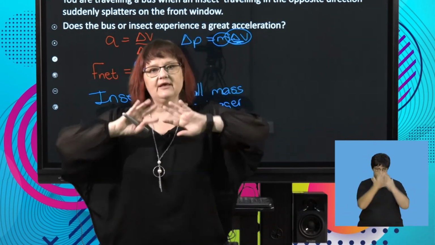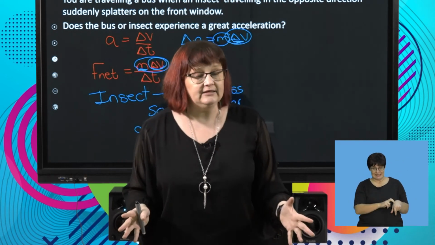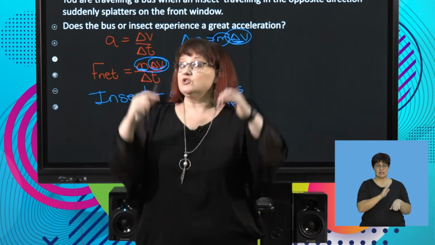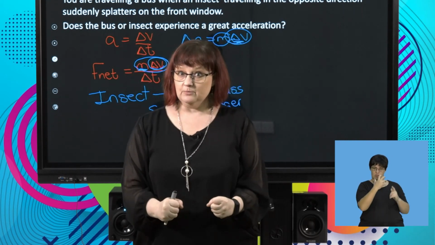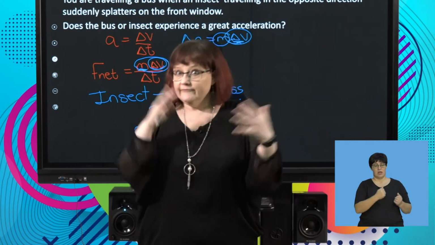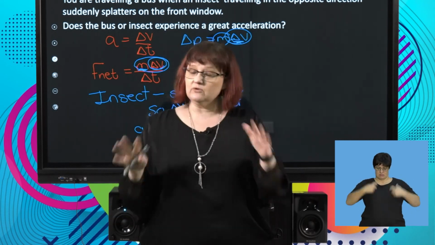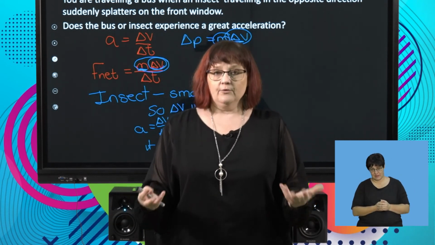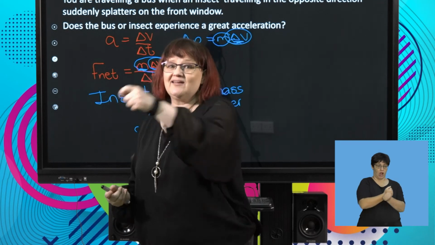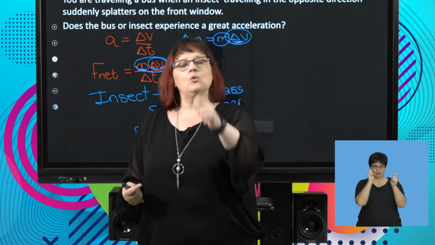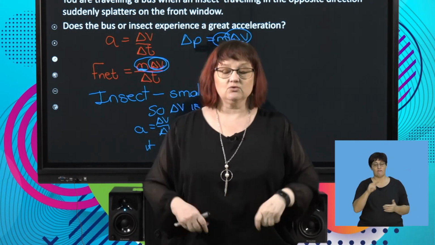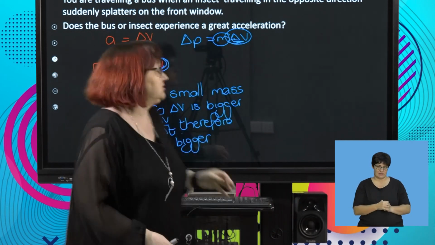Because then there's that fast movement on the seat belts and the airbags, all of which you need to have when you're driving, because they increase the stopping time. And if we make the stopping time bigger, we can experience a smaller force. So you wear your seatbelt, you make sure you've got airbags. It's why babies must be in car seats and all of those sort of things. It's a safety thing. Okay, so it's not about the truck exerting a bigger force. It's all about the change in acceleration. It's all about how much their velocity changes.